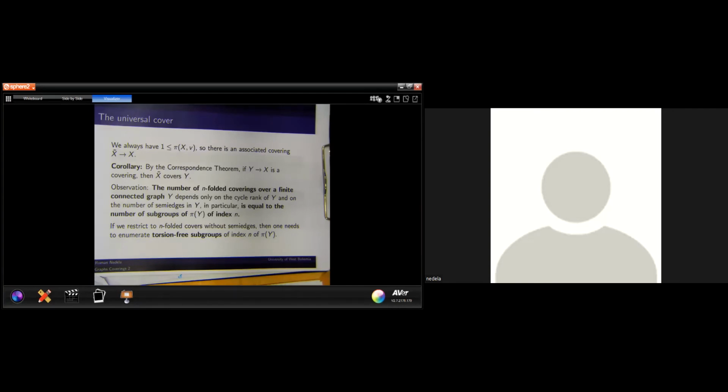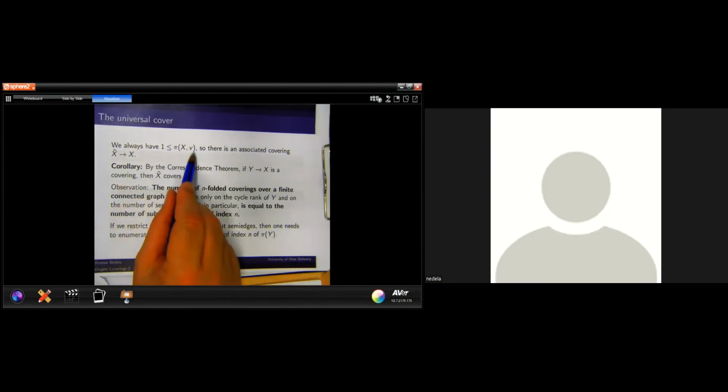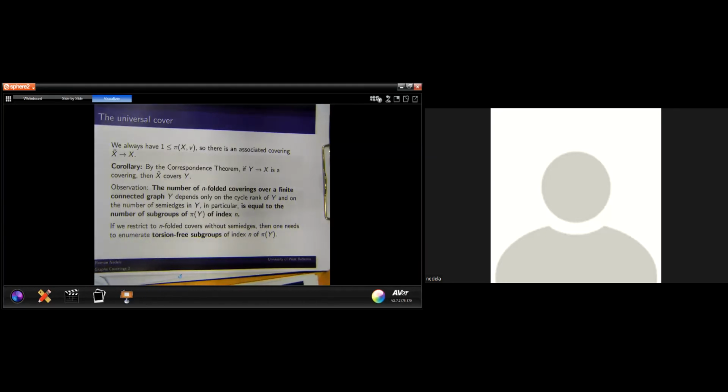But let me discuss something. Every group contains a trivial element, as does the fundamental group of a graph. So there must be an associated covering if the correspondence theorem holds. So to the trivial subgroup, there must be some associated covering. And this one, which corresponds to the trivial subgroup of the fundamental group of X, is called the universal cover.